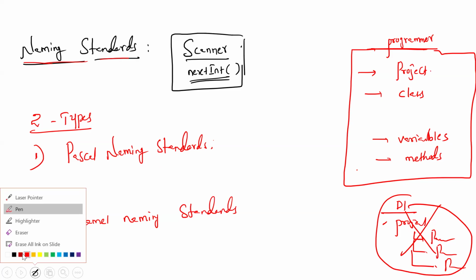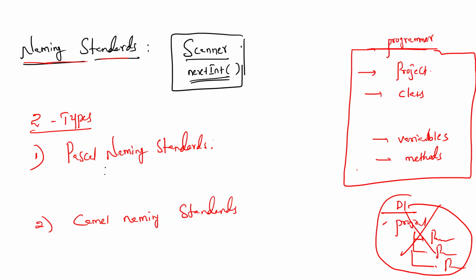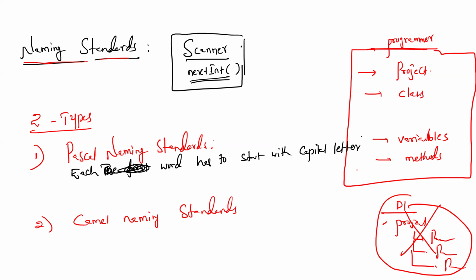The first rule, Pascal naming standards, means each word has to start with a capital letter. That's the simplest meaning of Pascal naming standards. For example, I want to give a name to my class.